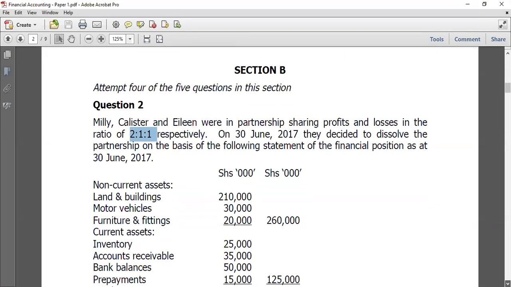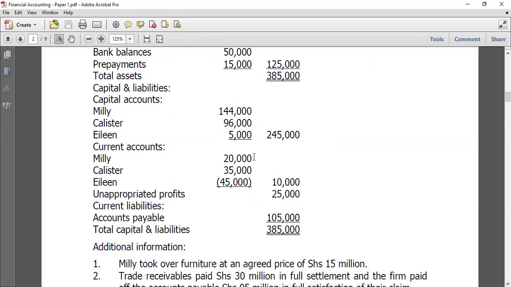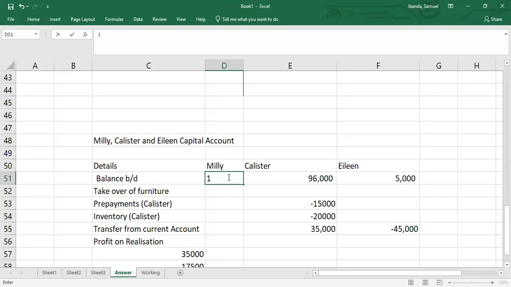Millie had a capital balance of 144,000, and then the transfer was 20,000. The other one was 20,000. So just a moment. This was 144. Then the transfer was 20,000, a positive one, okay?